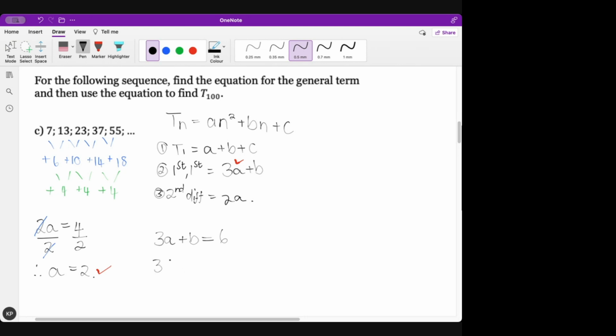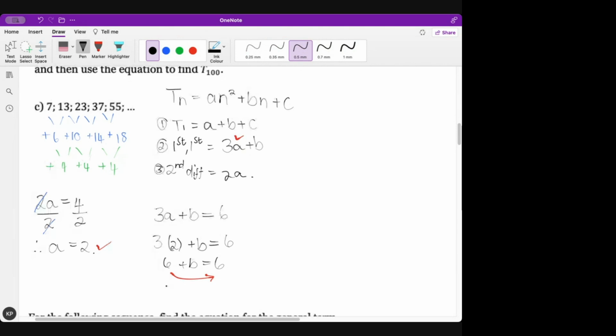So 3 times 2 plus b is equal to 6. 3 times 2 is just 6 as well. I'm going to take the 6 over, and that's going to give me b is equal to what? 0. Lovely.